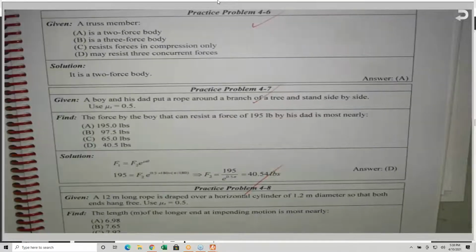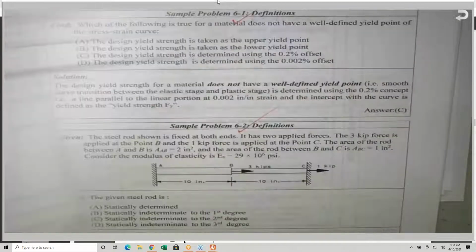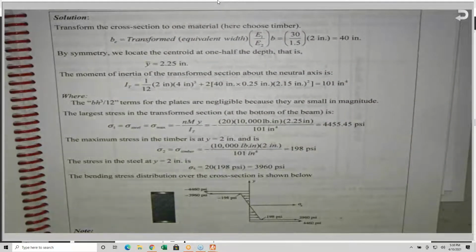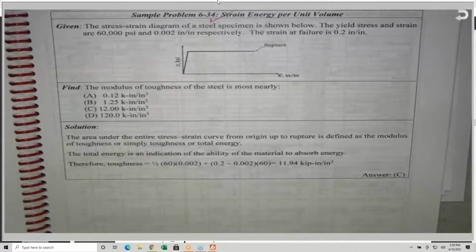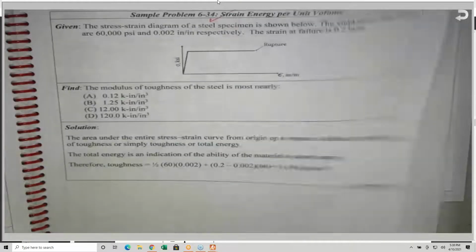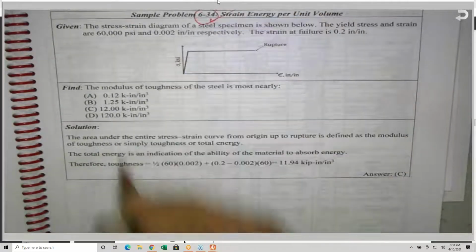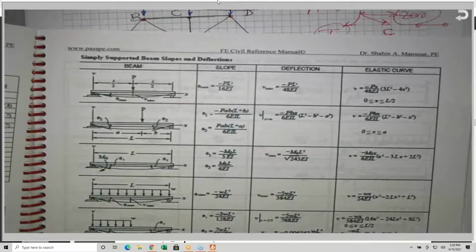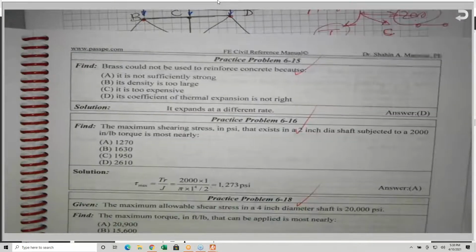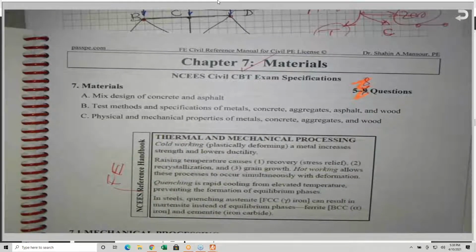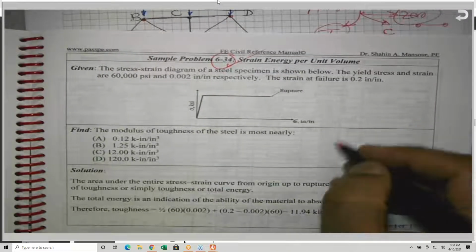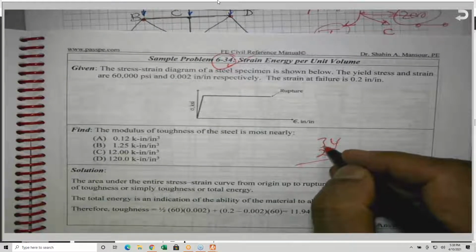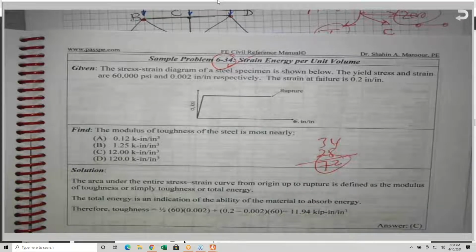The same story for mechanics of materials: I was a little generous, with 34 sample problems that we'll work together, and at the end of the chapter I added another 28. So 34 and 28 make 72 problems for mechanics of materials only.